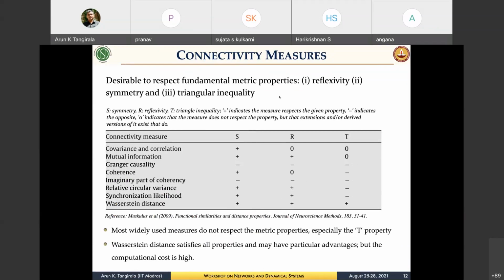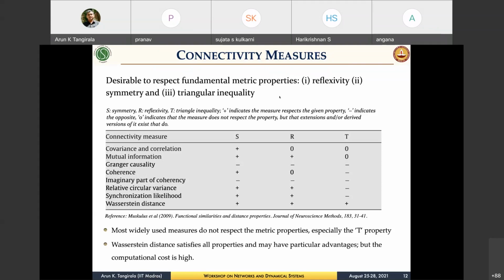So a connectivity measure typically should have, if you read the paper, these three important properties that are associated with the metric, namely reflexivity, symmetry, and triangular inequality. Reflexivity has got to do with when you apply the metric between a variable and itself, it should come out to be zero. That is the demand of reflexivity.